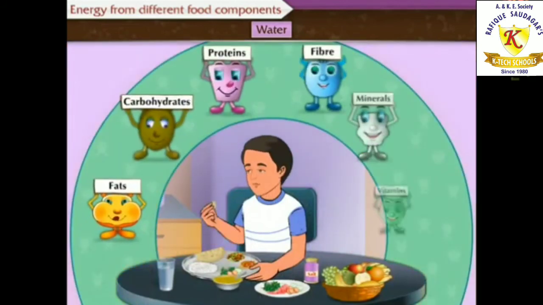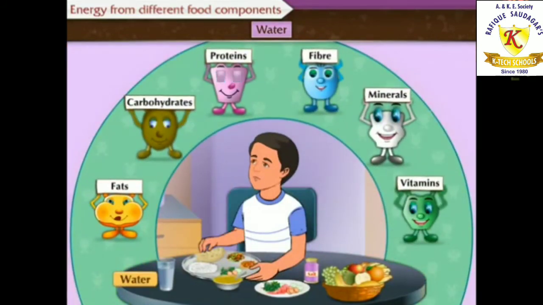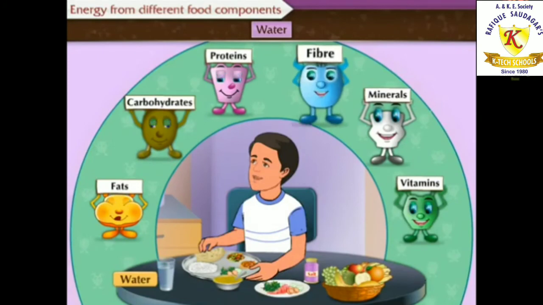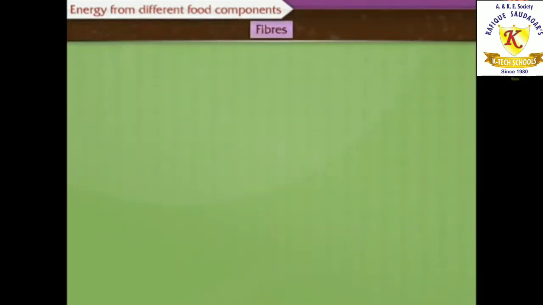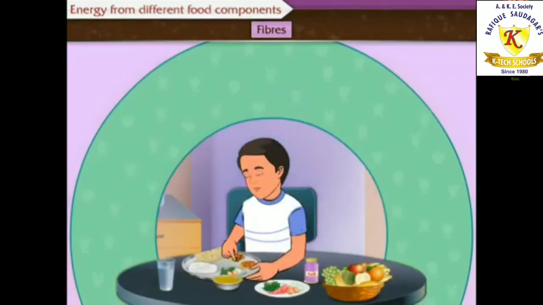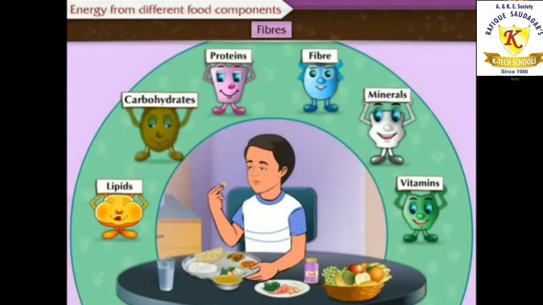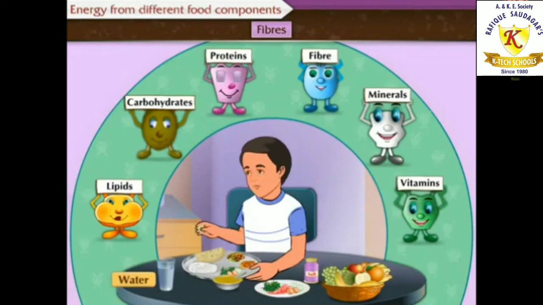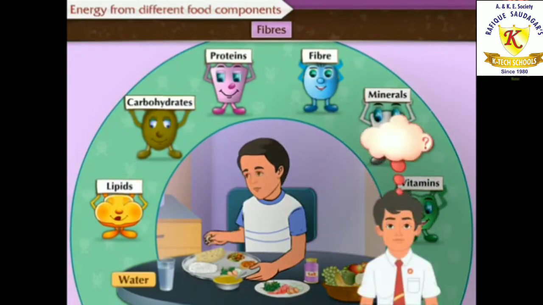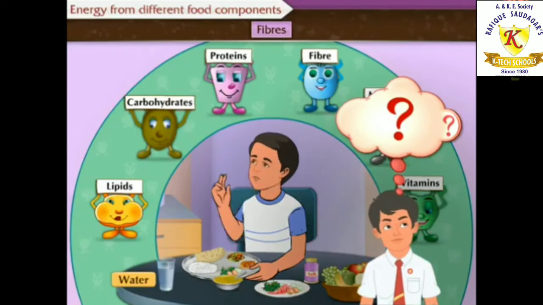Children, we have learnt about various food components, right? Fats, carbohydrates, proteins. Now we shall be learning about fibers. Okay? So, what are fibers? We have seen the importance of nutrients like carbohydrates, proteins, lipids, vitamins and water. But children, do you know that fibers are also an important nutrient?